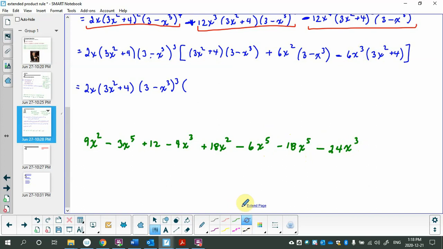Collect like terms, in any order, technically. So negative 3x to the 5, negative 9x to the 5, negative 27x to the 5. Negative 4x to the 3, negative 24x to the 3 is negative 28x to the 3.